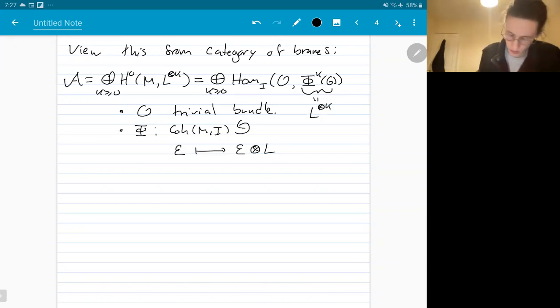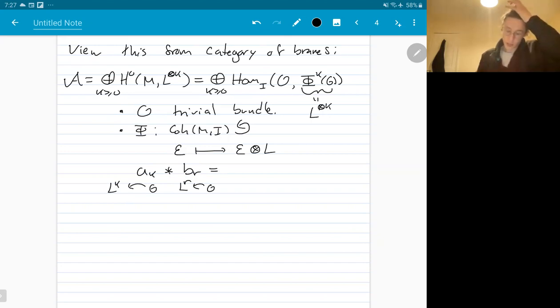Okay, and then you can define the product. If you have, say, A_k tensor B_r, B_r is going from O to L^r, and A_k is going from O to L^k.